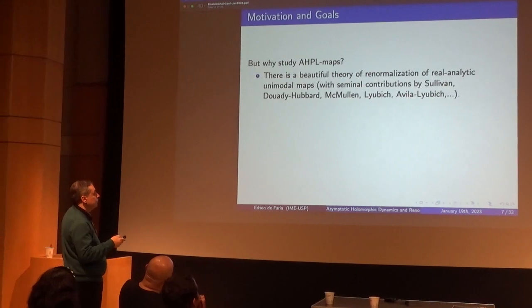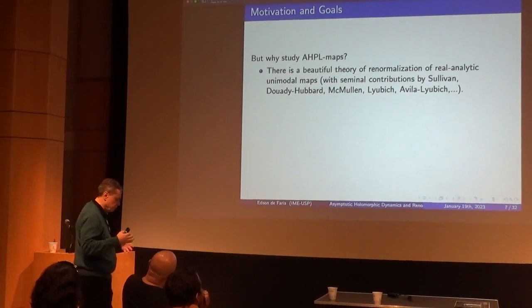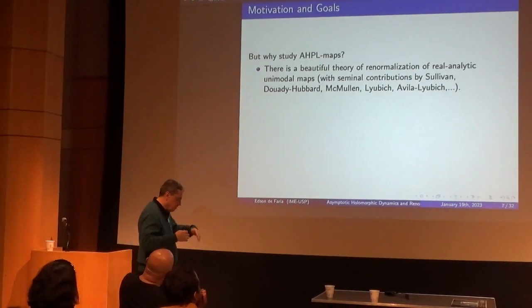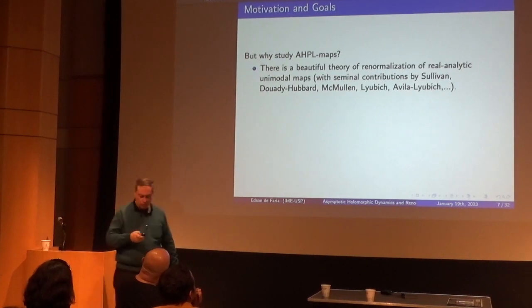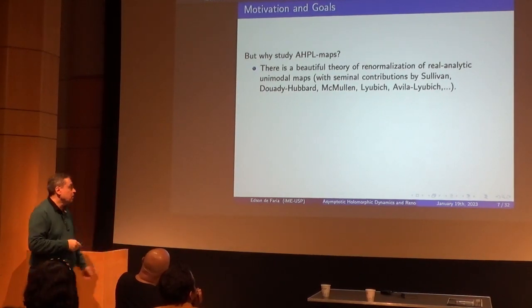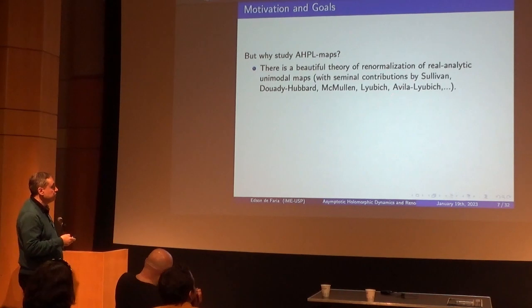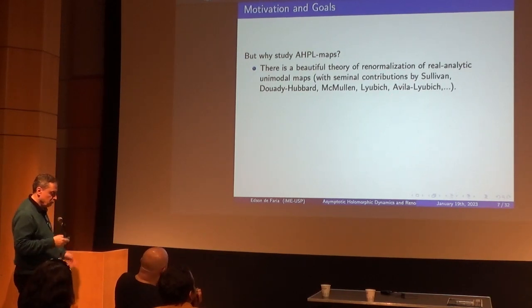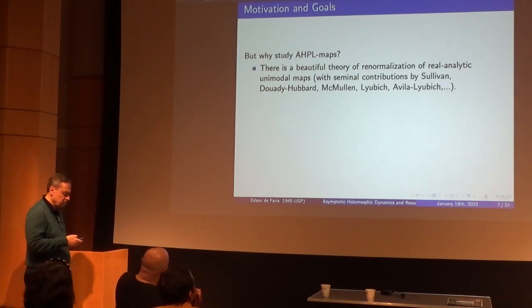And then later, Lubitsch, who had already proved a combinatorial rigidity theorem that established the expanding direction of renormalization, was able to put everything together, and he showed that the renormalization operator is hyperbolic, but on a very funny space.